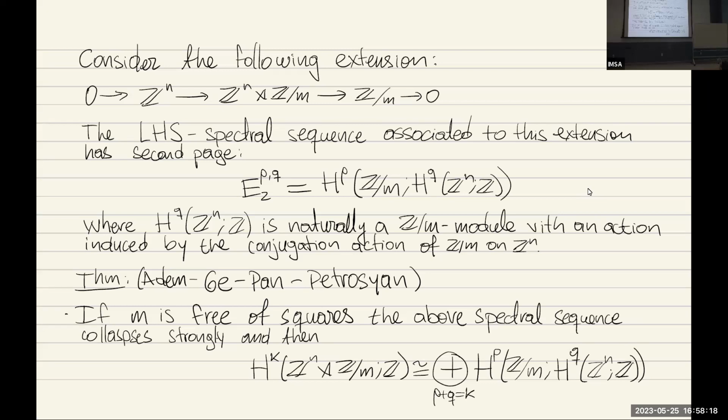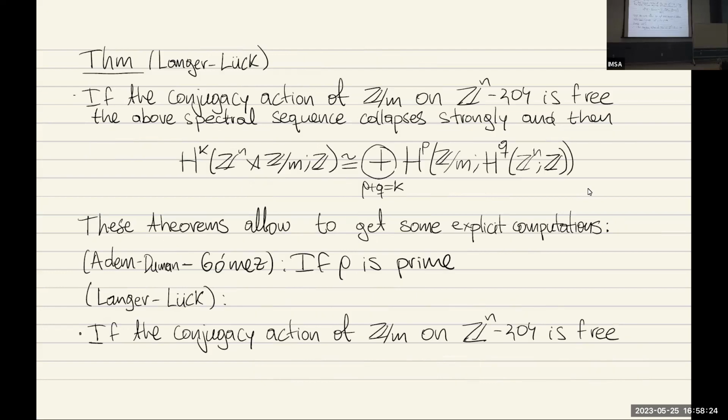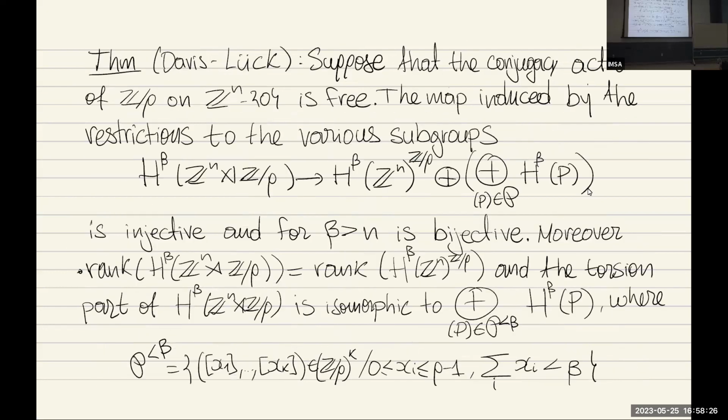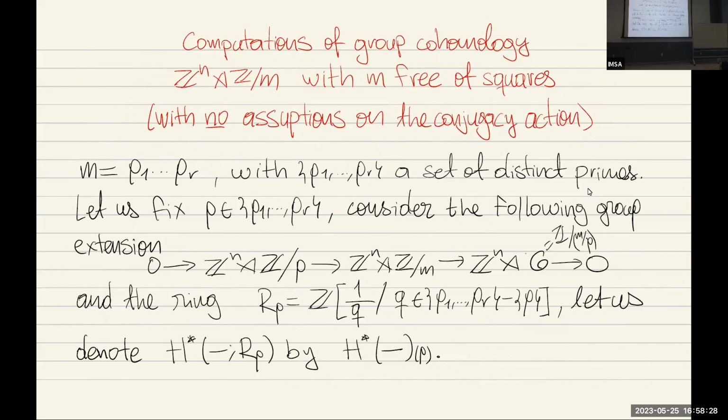I tried many times to compute this group cohomology, and it's very difficult. Then the right idea to get this computation is the following. Consider another extension. What extension? Consider this extension.